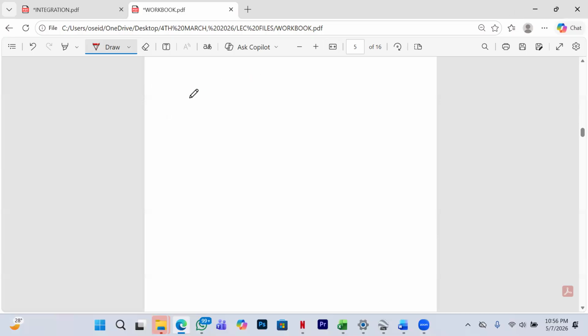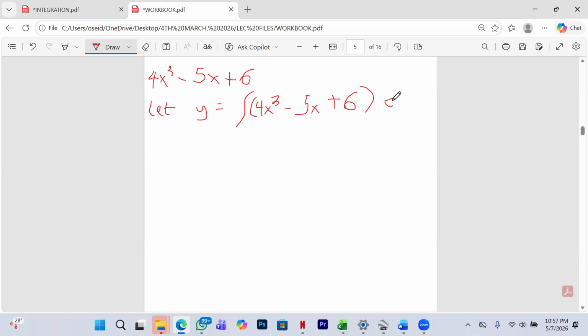So when you are integrating this term, you say let y equals the integral of, you can choose to put it in a bracket, 4x cubed minus 5x plus 6, bracket close, dx.